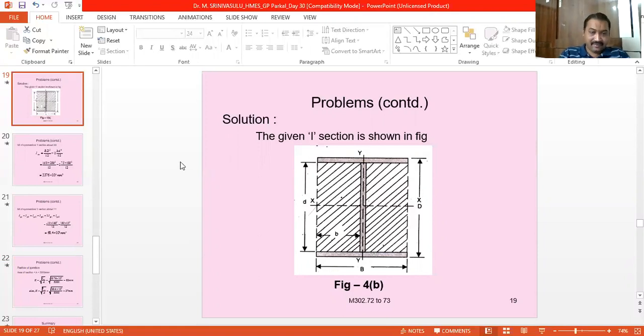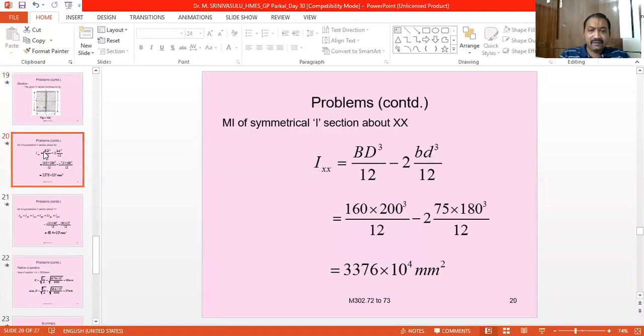For this we have the formula. For the cutout section, since it is a rectangle, B D cube by 12 minus b d cube by 12, because we have two rectangles.